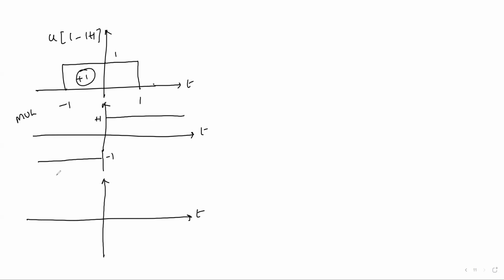This is +1 and till -1 it is 0. So in the product it is 0 up to -1. From -1 to 0, this is +1 and this is -1, so 1 into -1 is -1.